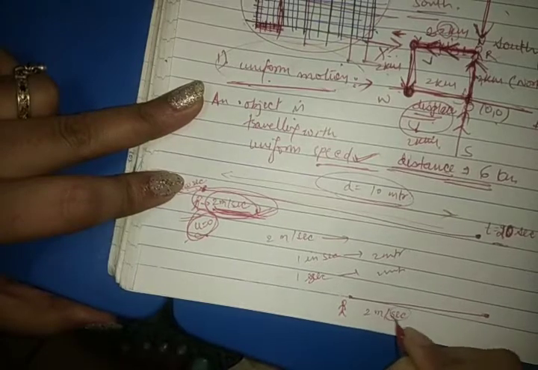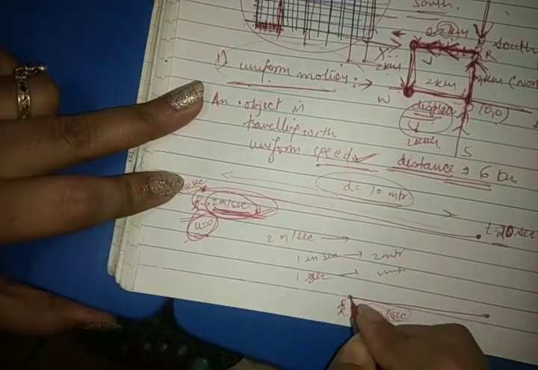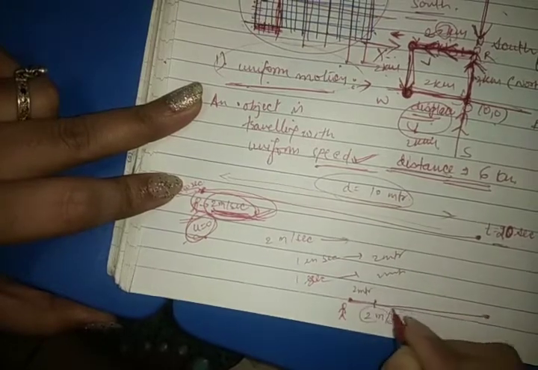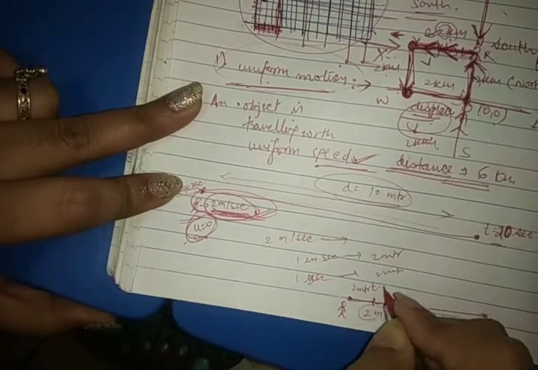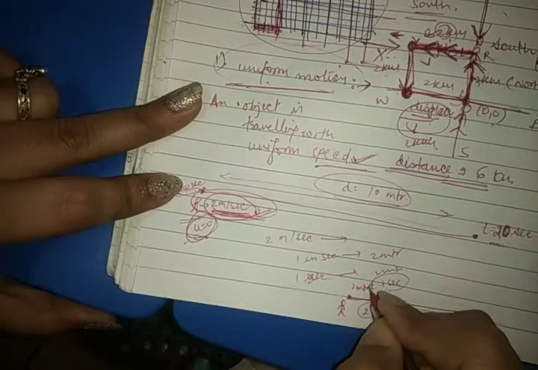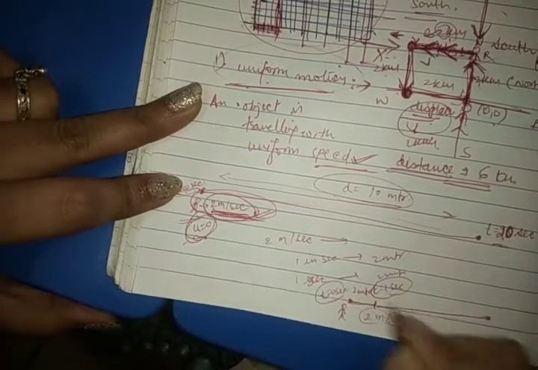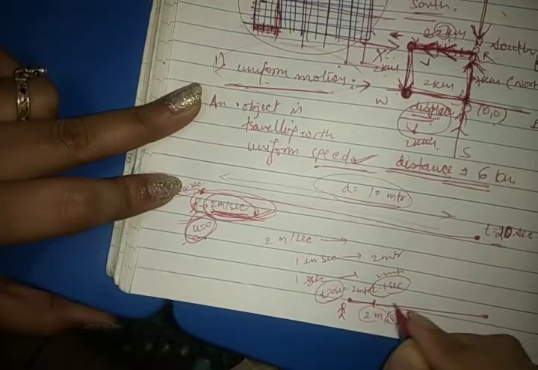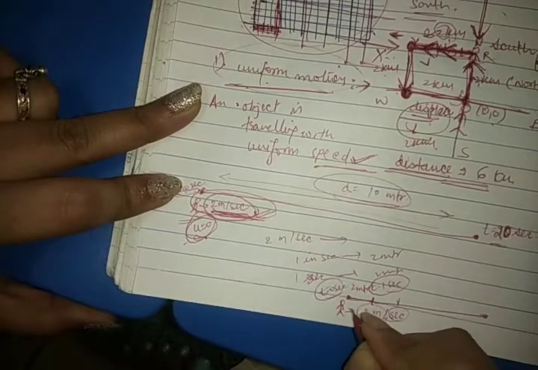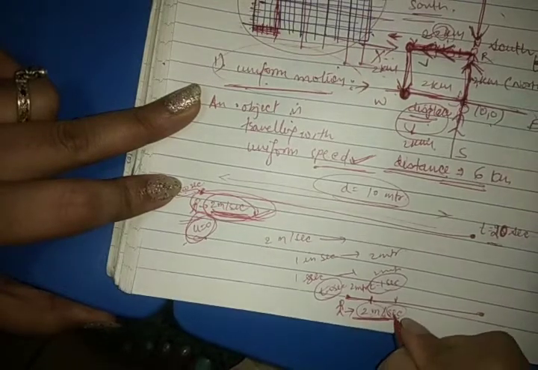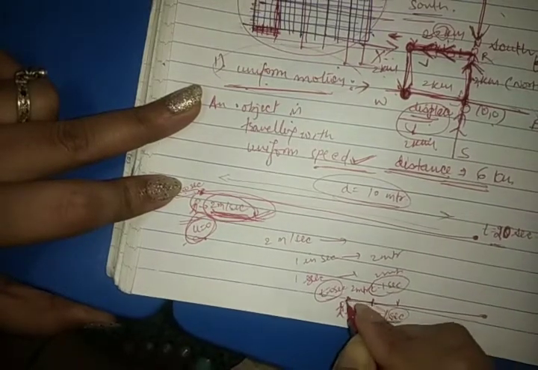That means in 1 second you travel 2 meter. Now the time will be t equal to 1 second, and this is t equal to 0 second, right? And for another 1 second, because speed is uniform, speed is constant, that's why it is uniform motion, you travel another 2 meter. So this is 2 meter.